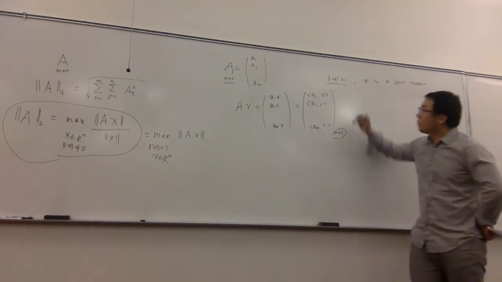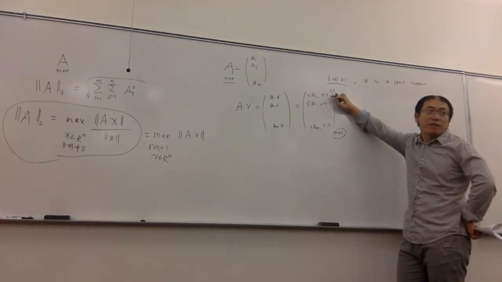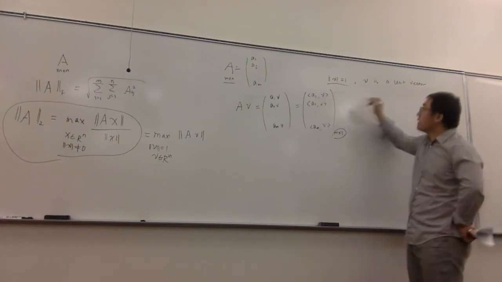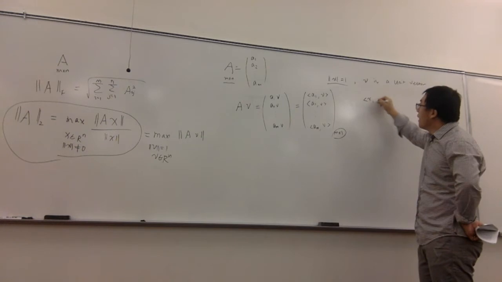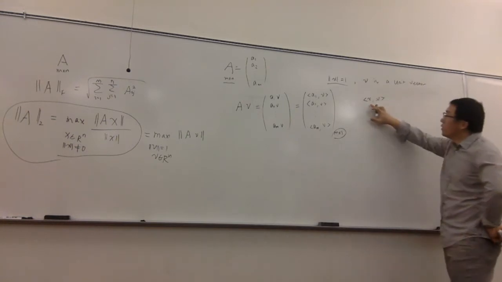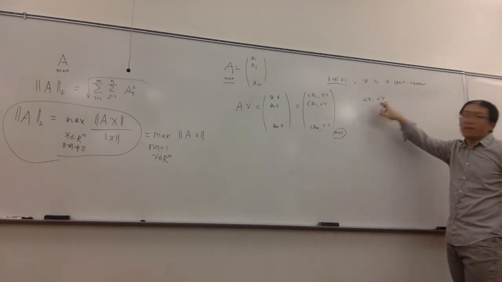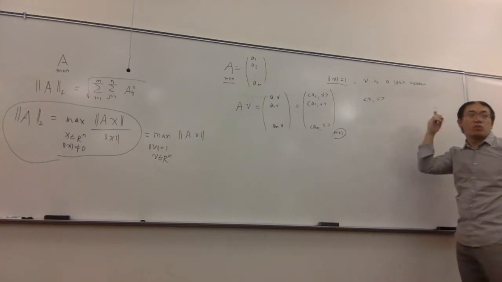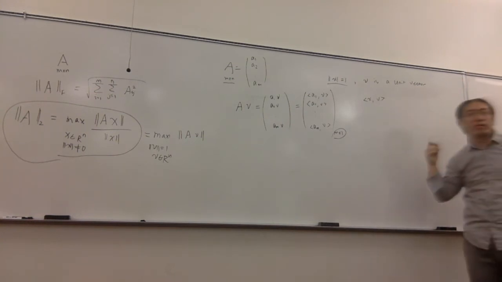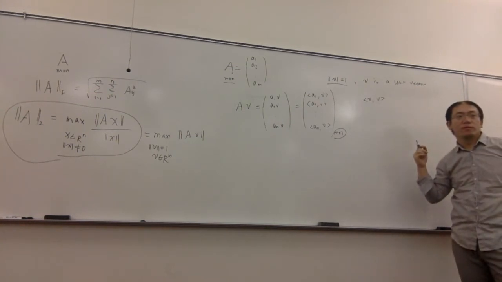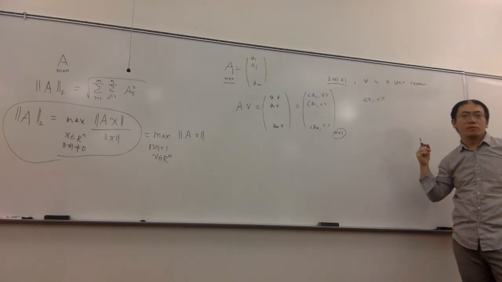So now, we know that V is a unit vector, right? So what does unit vector mean? If V is a unit vector, when we do the inner product between vector x and unit vector, what's the meaning from the geometric point? Projection of x on the v direction.